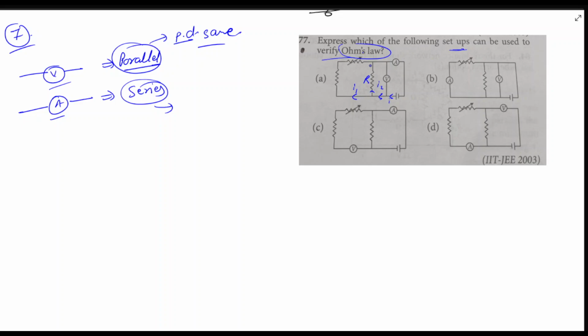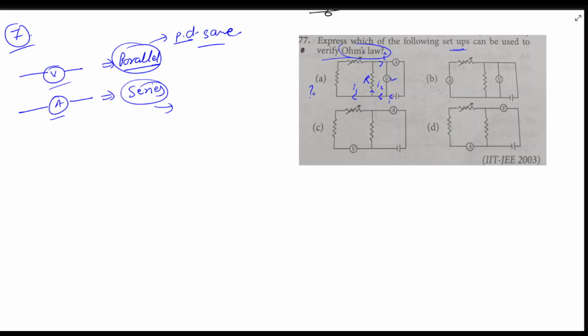Then I will go here from this. But the problem is we do not get the I2 here. So we have to check this option, right? We need I2, because the potential across R we get from the voltmeter, but the current I2 we didn't get because we'll get the I from this ammeter.